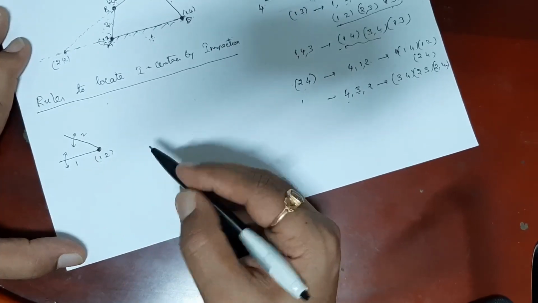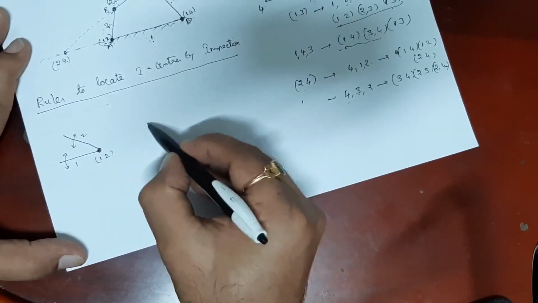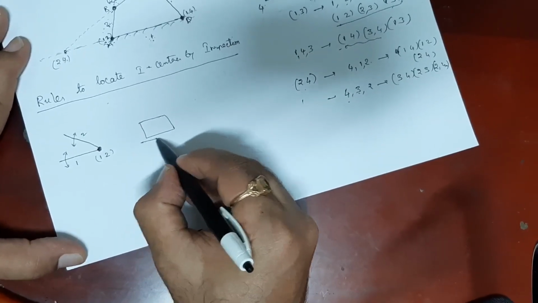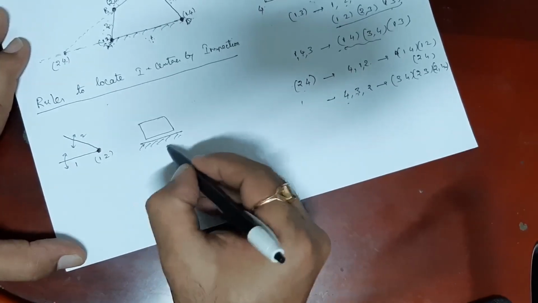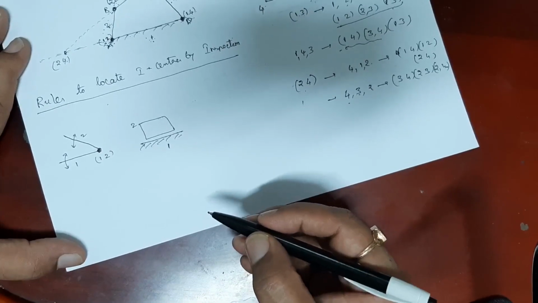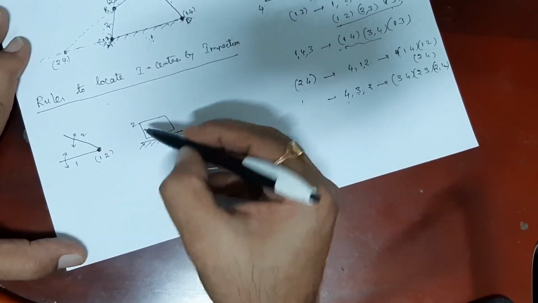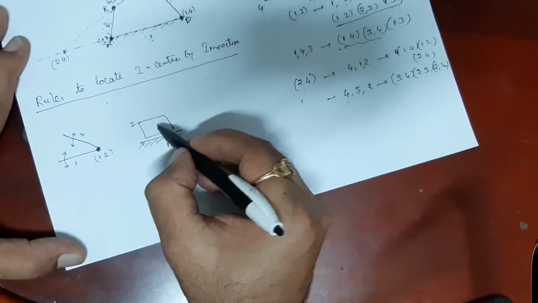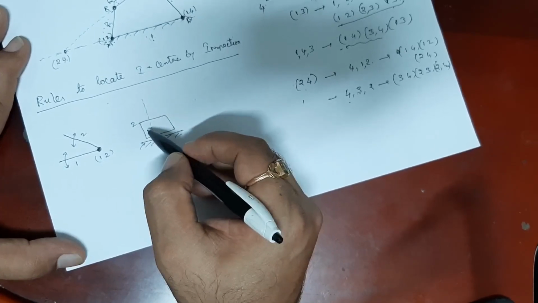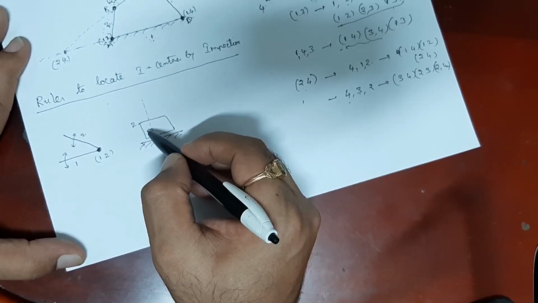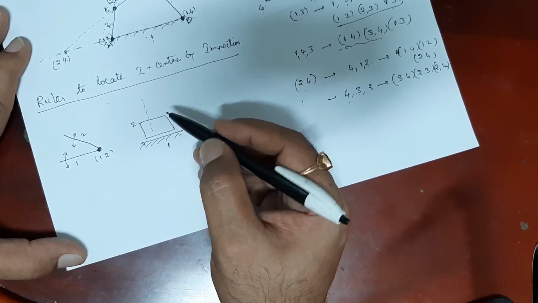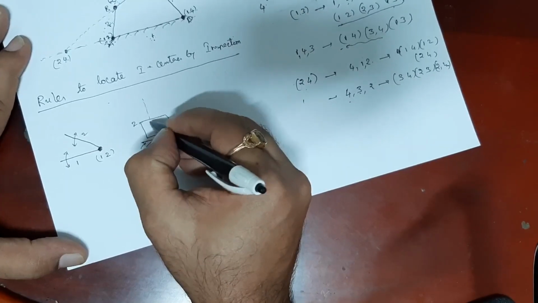Next, if there is a slider, this is a fixed link, this is link 1 and this is link 2. For I center 1 2, because this is a slider, if you draw perpendicular lines, the I center will lie at infinity.